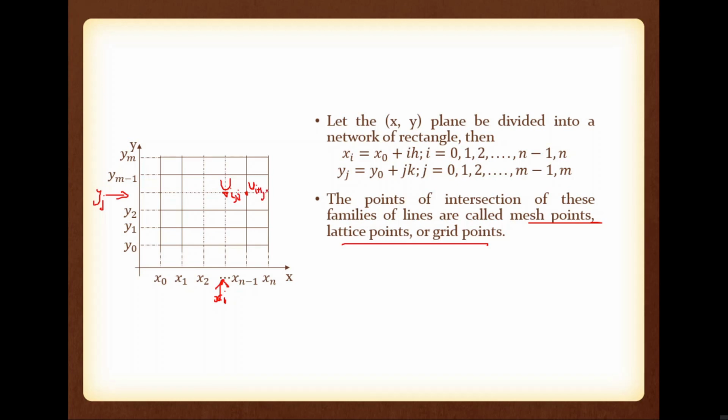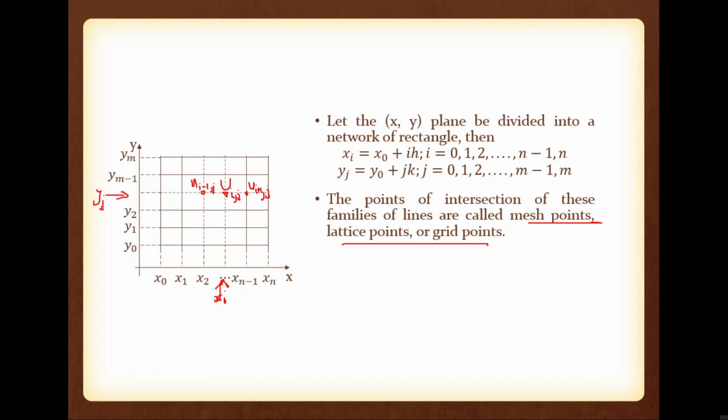Now corresponding to x, the previous point is this one, so we can label it as u i minus 1 comma j. So with respect to x, you can see u is moving horizontally. This is ui comma j, this is ui plus 1 comma j, this is ui minus 1 comma j.